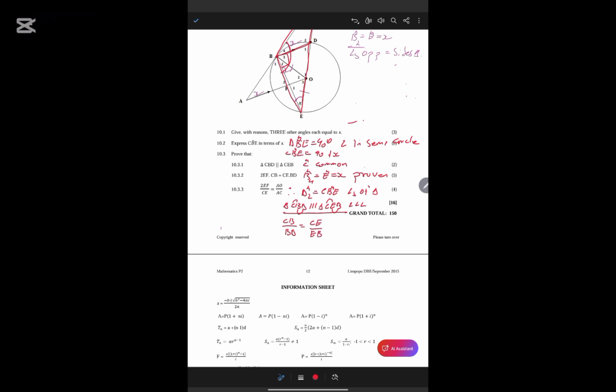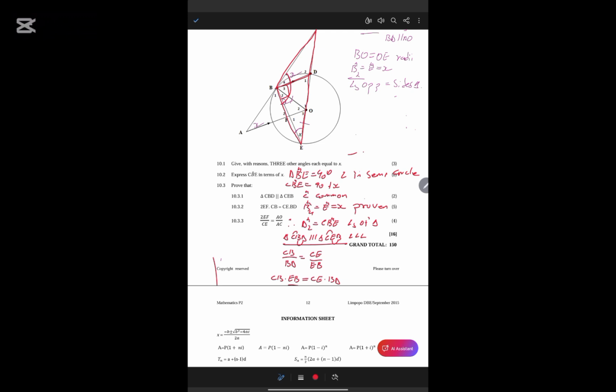So this is coming from those similar triangles. And when you cross multiply, you now have CB times EB is equal to CE times BD. Now, using the proportionality theorem or the midpoint theorem, one of those will be able to tell you that the point F is the midpoint of BE.